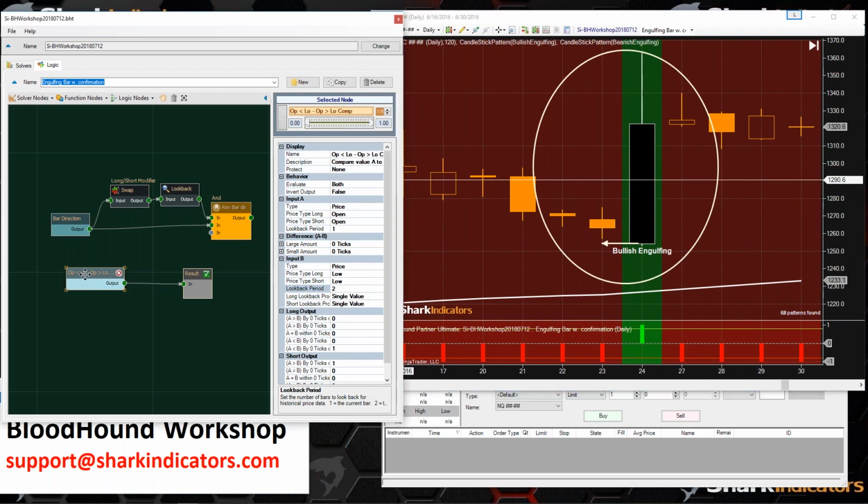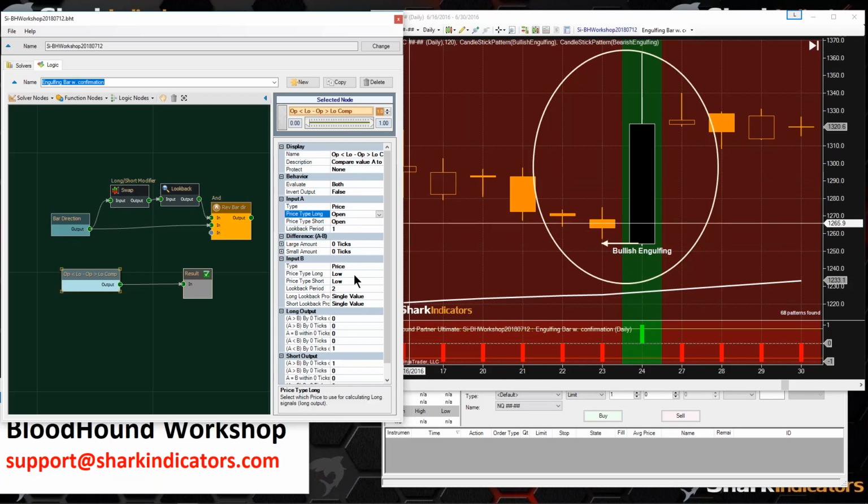So we have part of the comparison solvers built that we need. We're comparing the open price of the engulfing bar to the low.